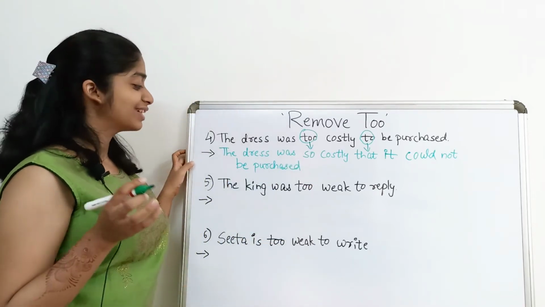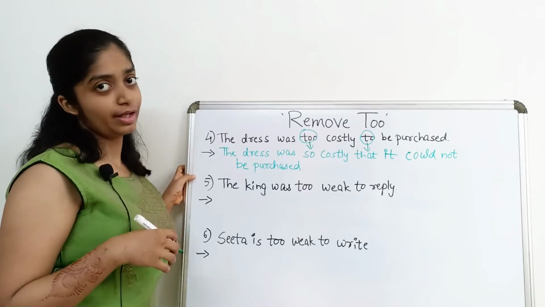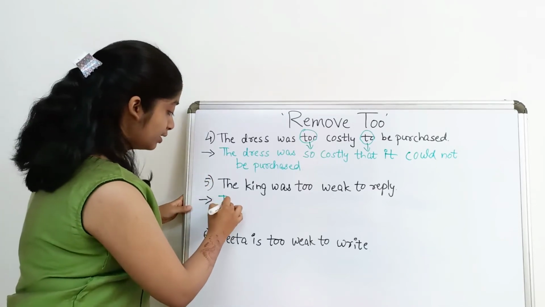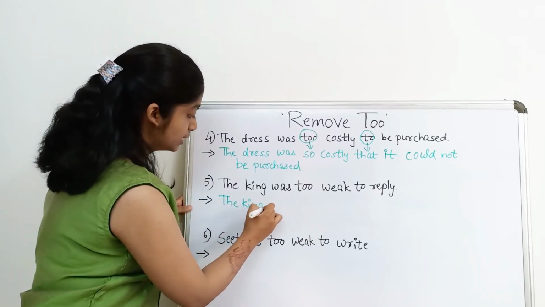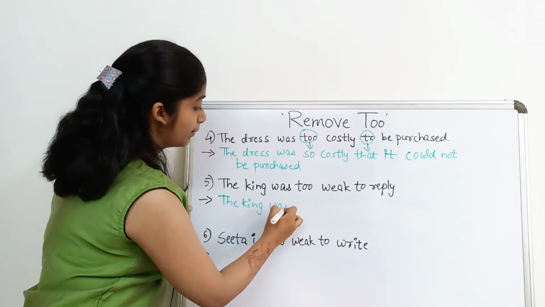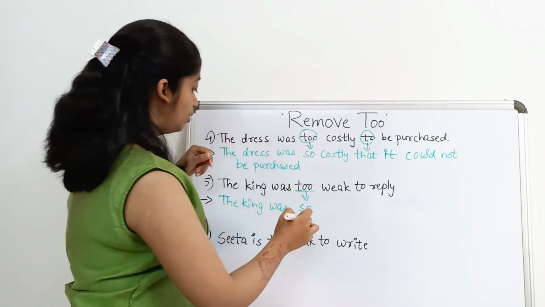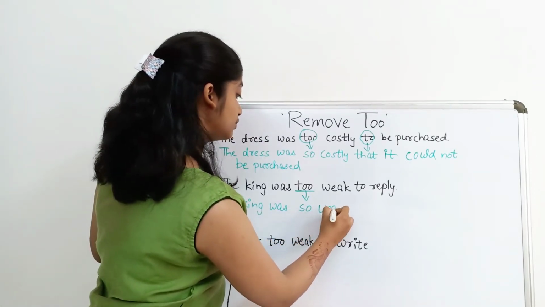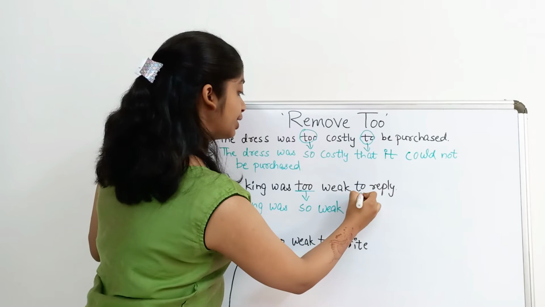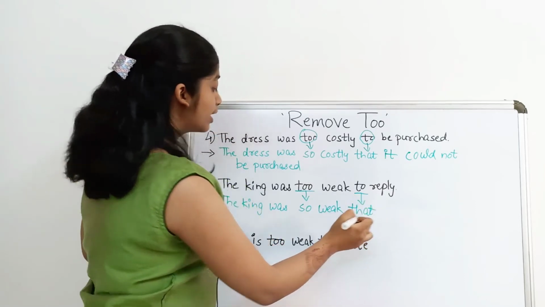Let us have a look at the next one. The king was too weak to reply. Here "the king was" will remain the same. "Too" will become "so". The king was so weak. Instead of this "to", we will write that the king.